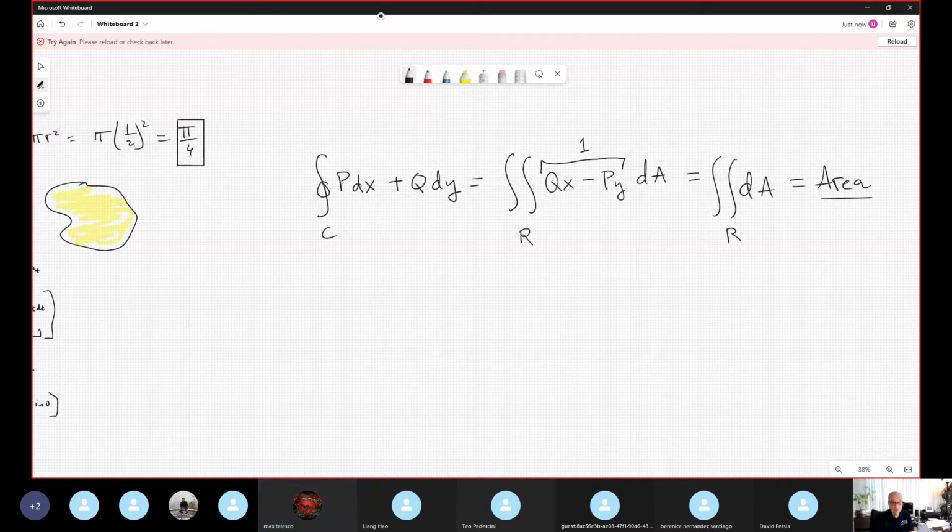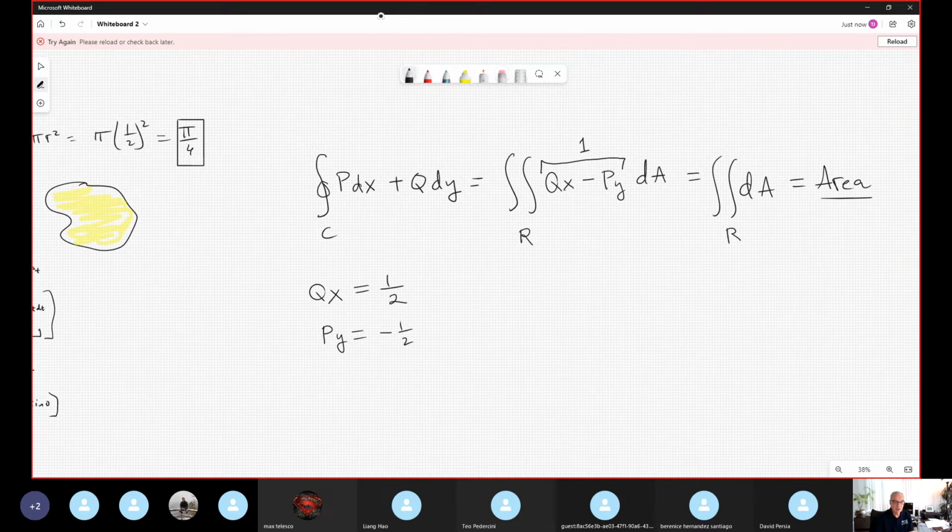So one possibility is that Qx is 1/2 and Py is minus 1/2, right? Because 1/2 minus minus 1/2 is 1. It's not the only possibility, but it's the most popular option that mathematicians take.